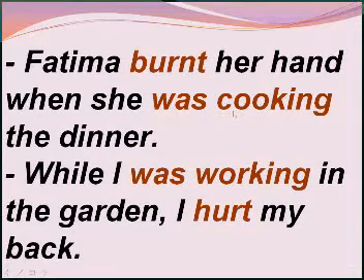Was cooking, of course, is a past progressive tense. So this means that in the middle of cooking, she burned her hand. Okay. While I was working in the garden, I hurt my back. So when I was in the middle of working in the garden, something happened, which is I hurt my back.